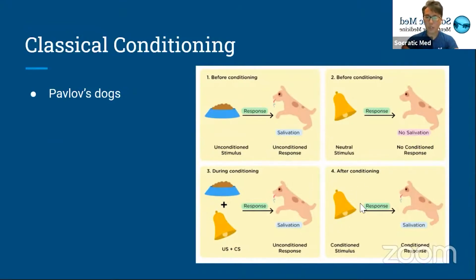So after conditioning, the bell, which is the conditioned stimulus, causes a response of salivation, which is the conditioned response, because of the conditioning that the dog received when being paired with food and the bell when it was being fed. So that's the classic example of classical conditioning, Pavlov's dog. Any questions on this part?